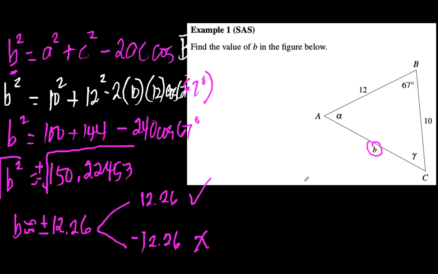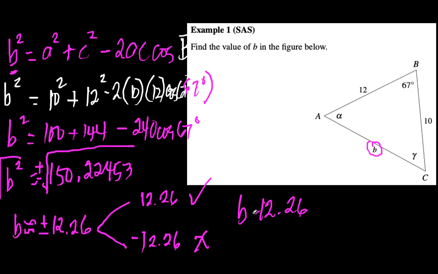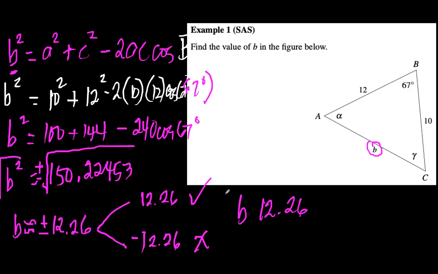So the value of b is approximately 12.26. What is our final answer, guys? It's so messy, let me just write it. And again, the negative 12.26 is what we call the extraneous root, or extraneous solution. So B is approximately 12.26.